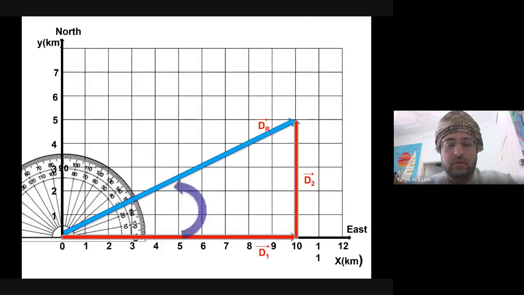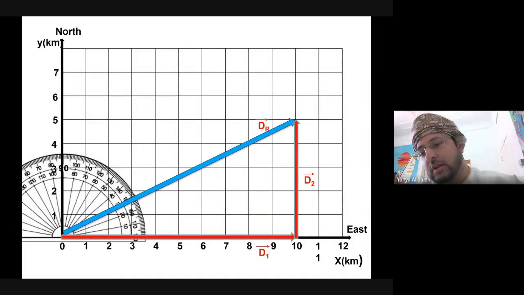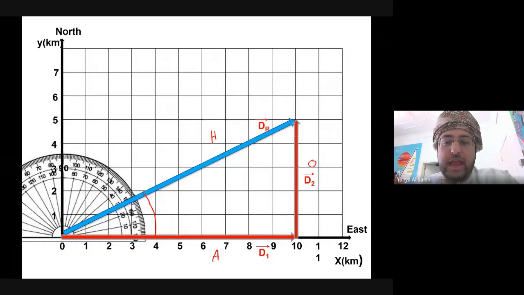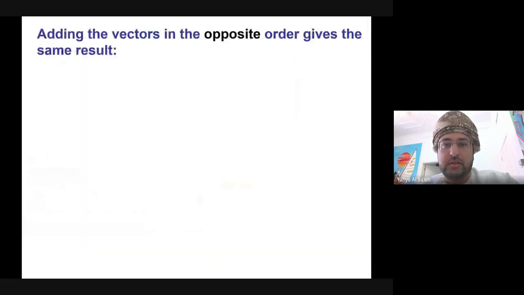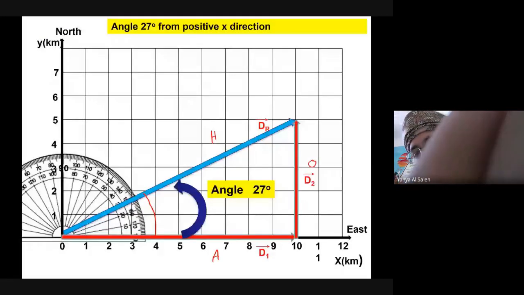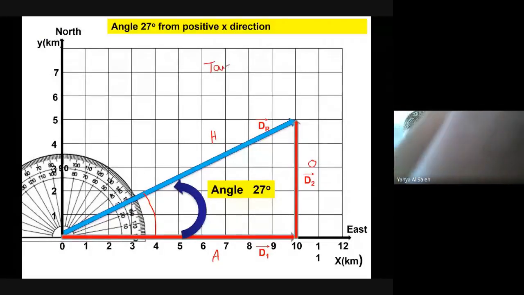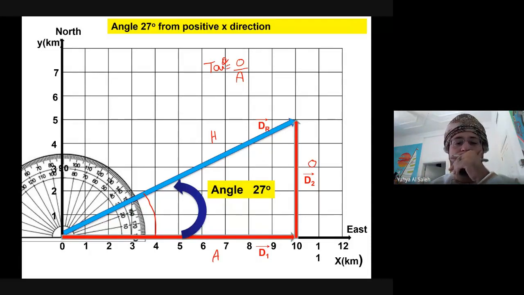Now from geometry, we can simply do this: if I'm looking at this angle, this is my opposite, this is my adjacent, this is my hypotenuse. I can use tan of opposite over adjacent to get my angle, right? Yes. Okay.